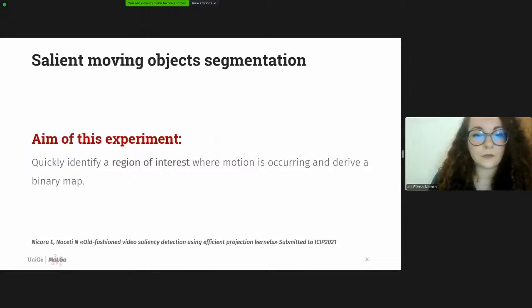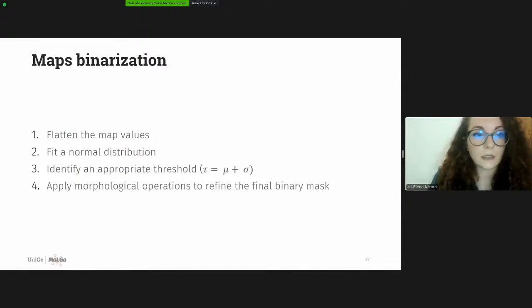Even if we have a lot of different formulations, literature at the end of the day will often end up with binary segmentation, so with a binary mask, in which we have an image telling us where the salient object is, at pixel level accuracy.